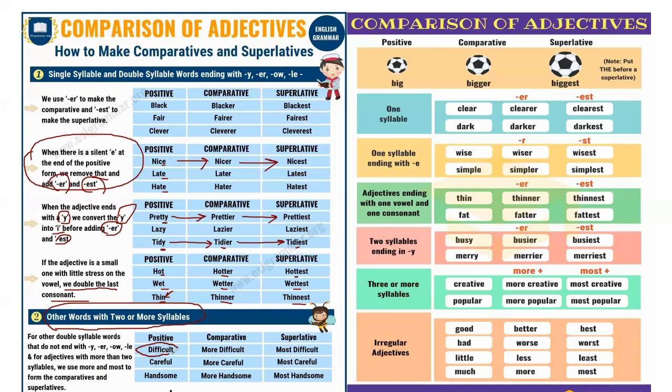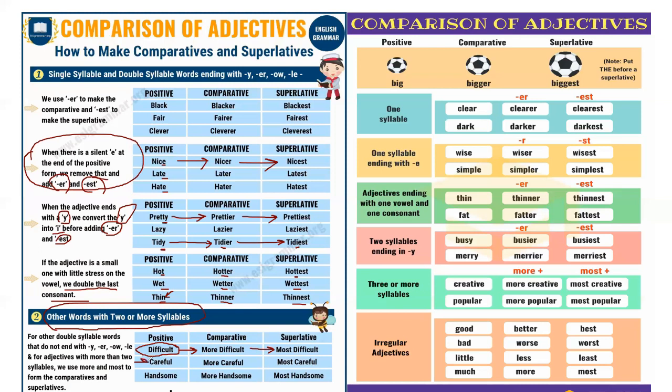As you can see, the word difficult has 3 syllables, right? So it means it's more than 2 syllables. You have to use more: more difficult in comparative and most difficult in superlative.